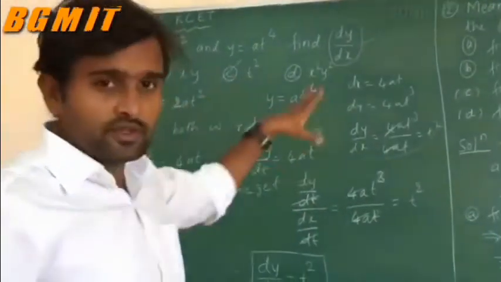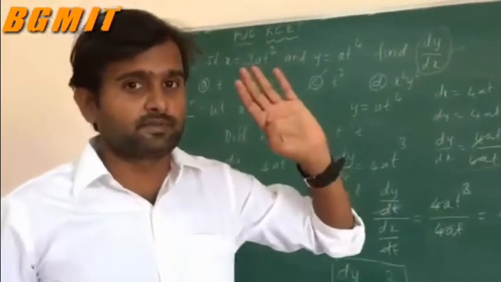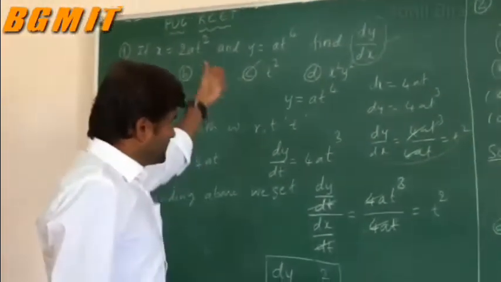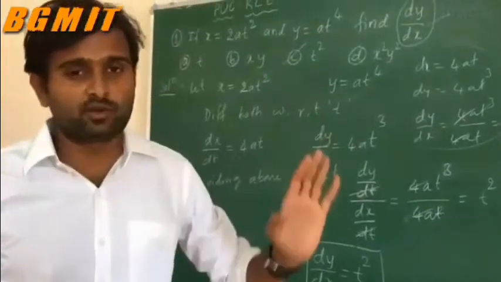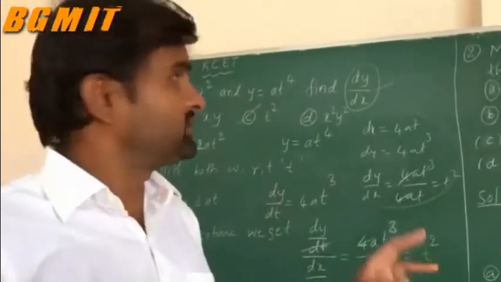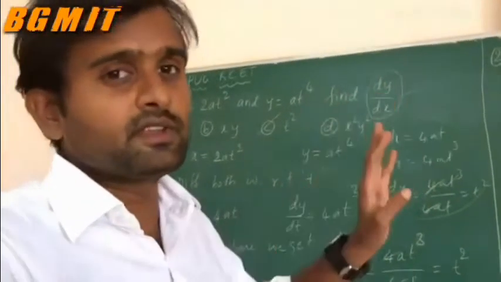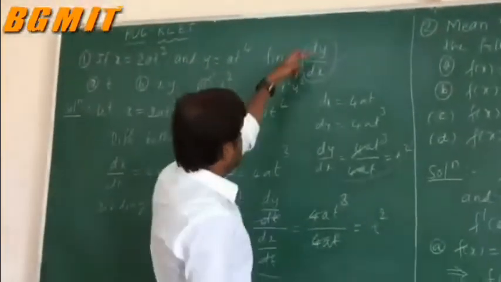Like this we have to do in the examination, the main purpose for CET, right? So you don't need to follow the steps. Just know the derivatives, and directly you can do it if you need dy by dx.